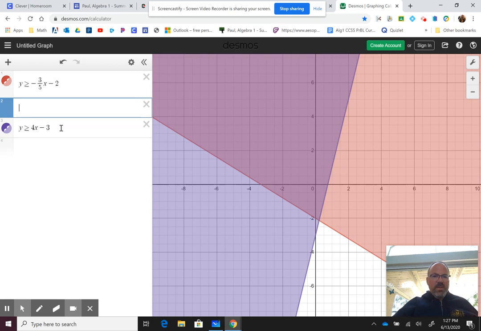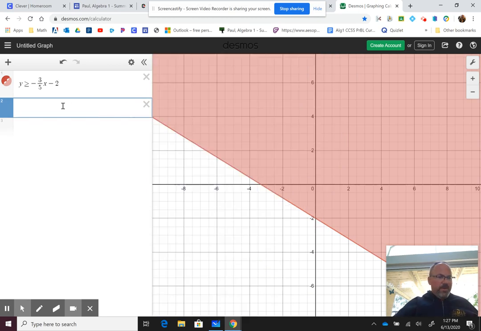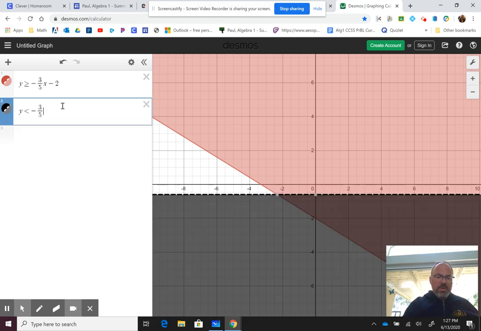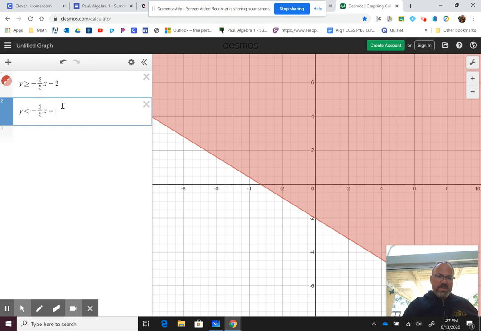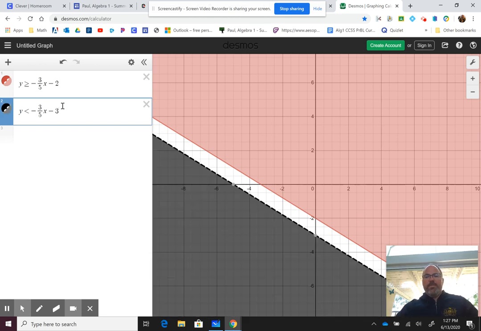And the other one is y is less than negative 3 divided by 5, x minus 3. Boom. All right, you guys can see the shading is not overlapping here. And again, that means that there is no solution.